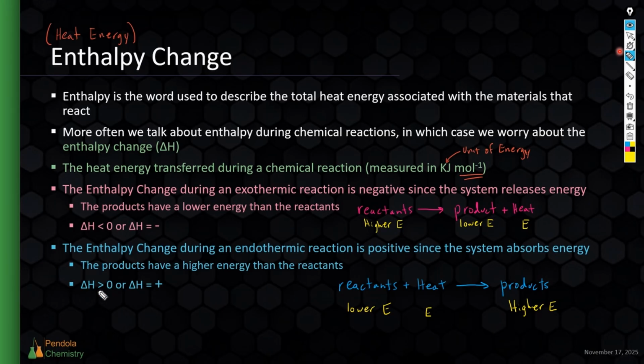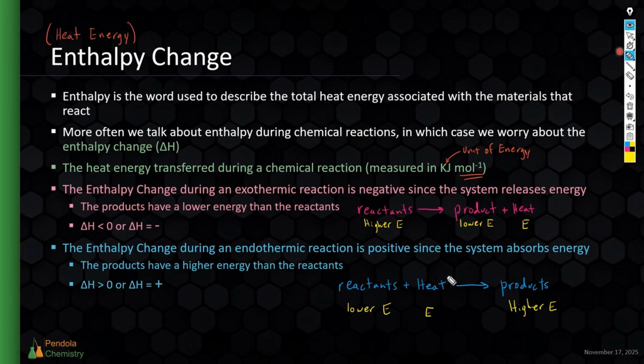That's why we say the delta H of our endothermic reaction is positive, or greater than zero, because the system is absorbing energy in order to create a higher energy product.